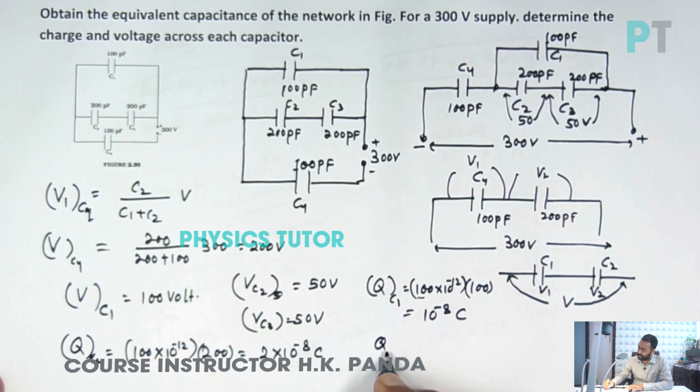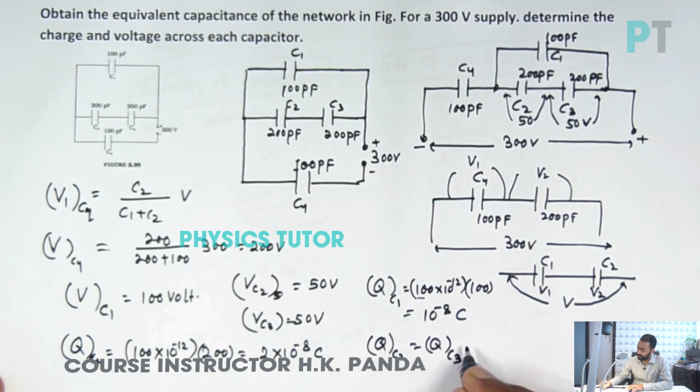The charge on C2 will be exactly equal to the charge on C3, and this will be CV, that is 200 into 10 to the power minus 12 times 50 volt, which is again 10 to the power minus 8 coulomb.